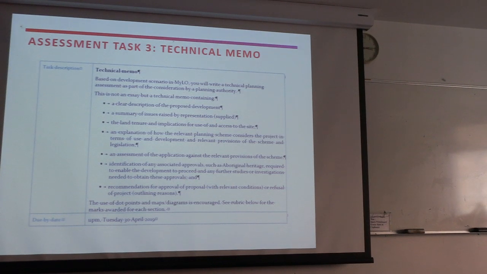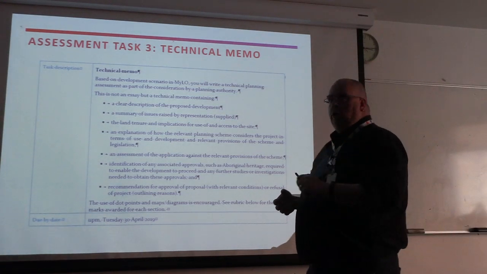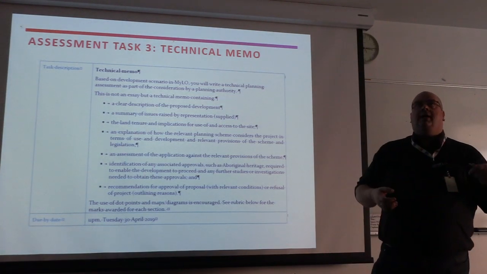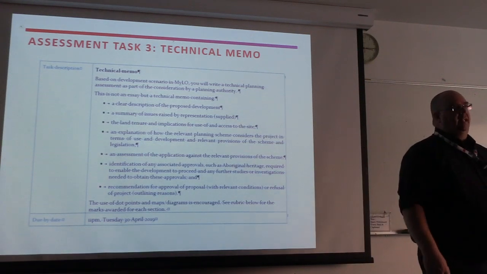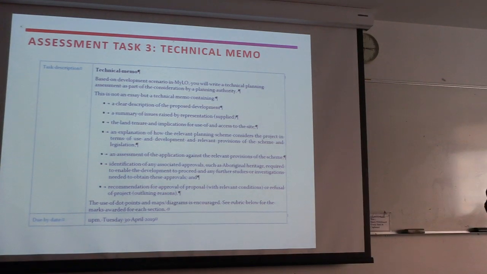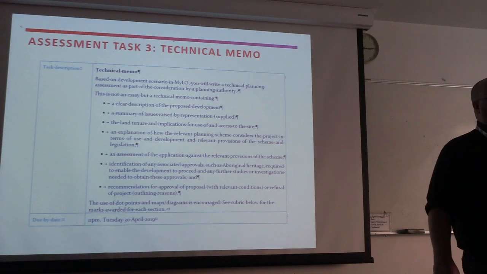Does that make sense? I mean, there's 38 representations, right? Yep. Should we examine all of them? Yeah, okay. We'll cover this later, but as the planning authority, under the legislation, you're required to look at all of the issues raised by representation.